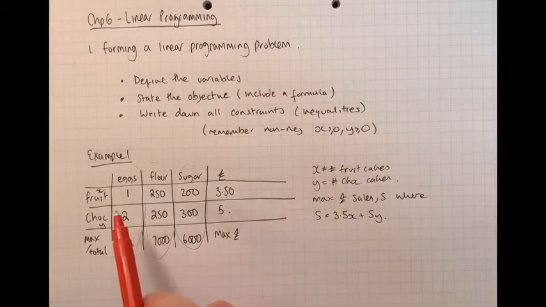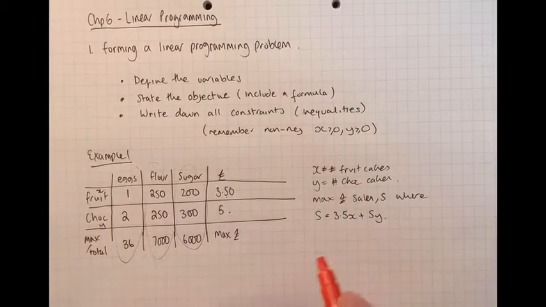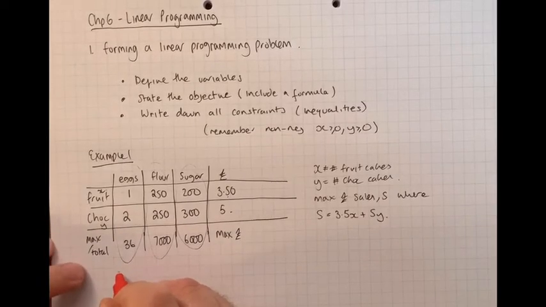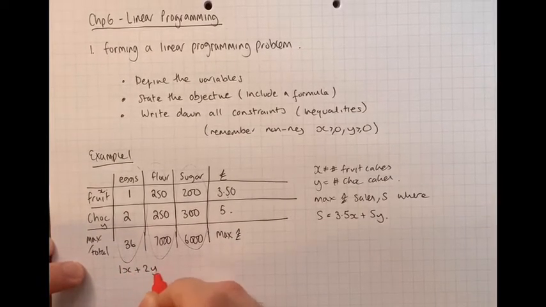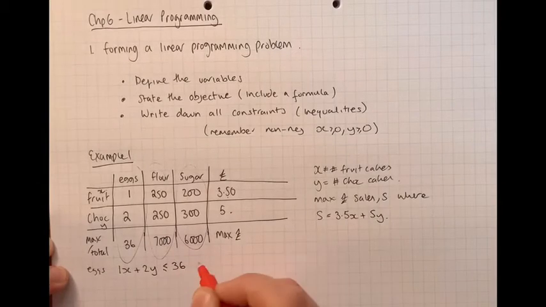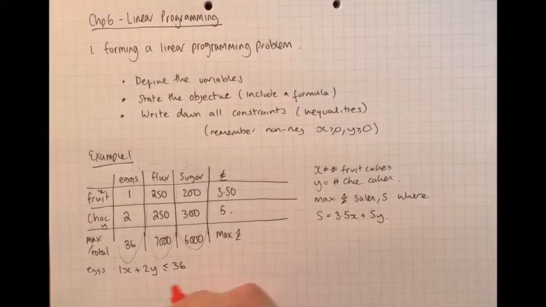So how many eggs is she going to use? Well, she's going to use 1x, or just x, plus 2y eggs. And that has to be less than or equal to 36. You should always try to simplify the inequalities, but there'll be nothing to simplify on that one.